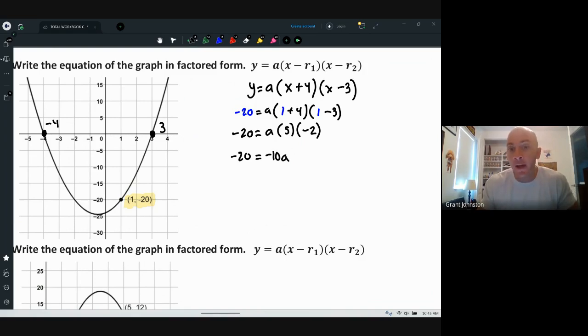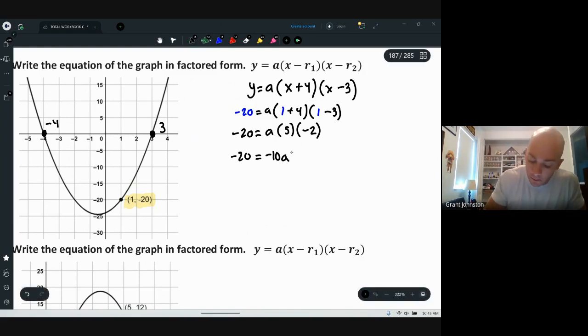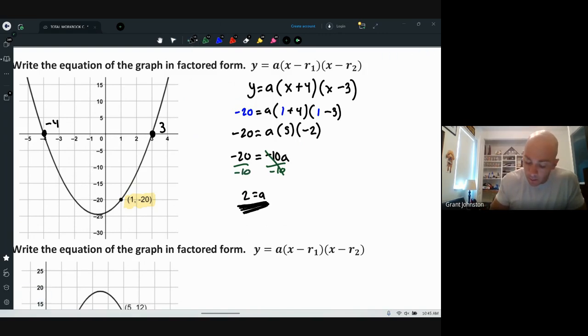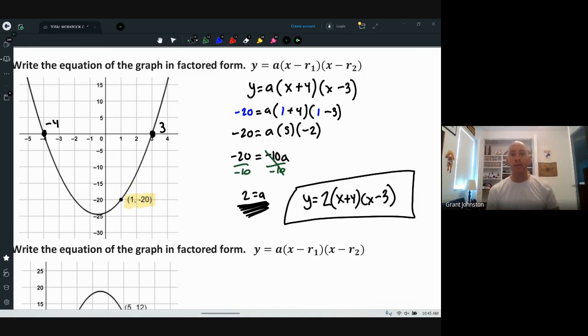And then to solve for a, I just need to divide by -10. Divide by -10, and -2 equals a. So to write my final answer, it's y equals -2 times (x plus 4)(x minus 3). There you have it, in factored form.